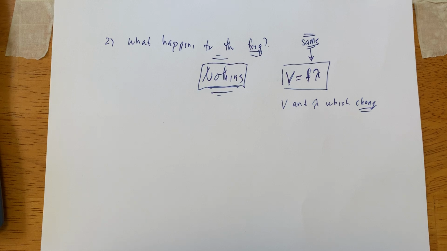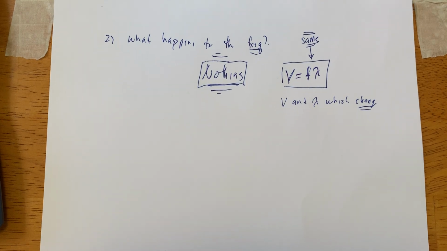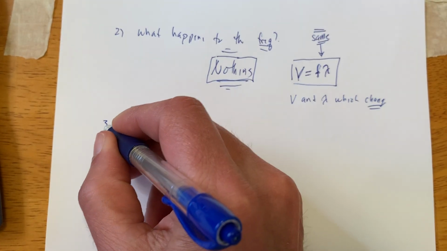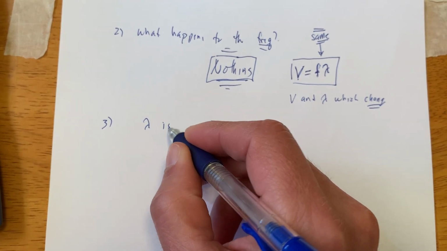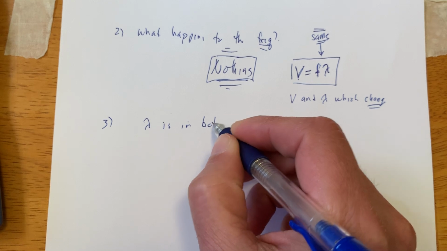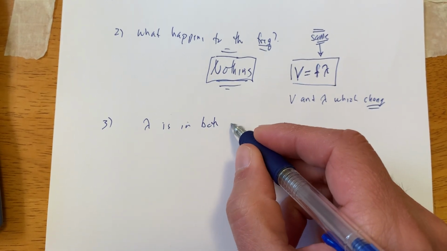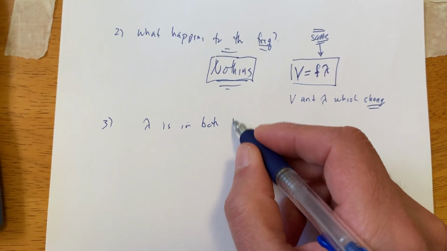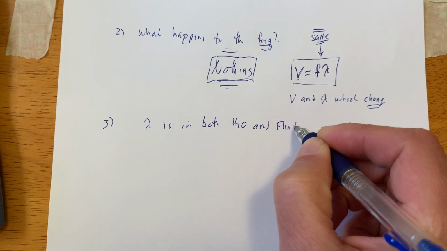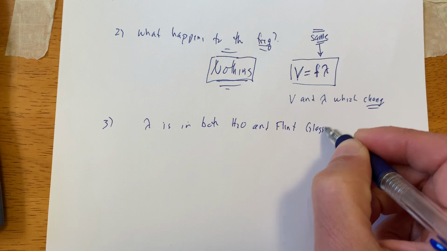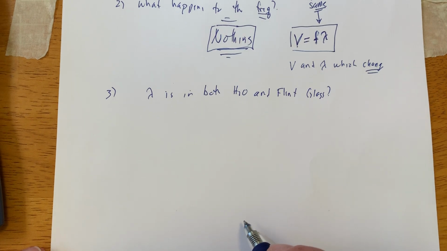All right, if that's the case, let's take a look. Can we figure out what the wavelength is in both H2O and flint glass? Can I do that? Well, I think I can.